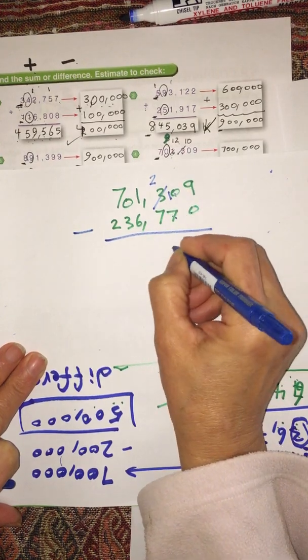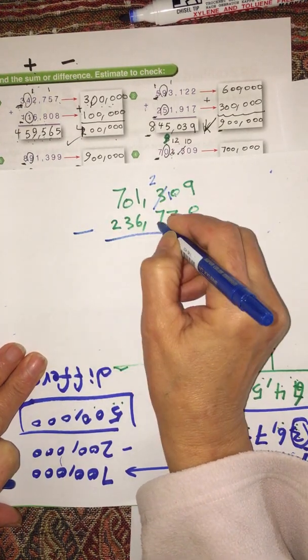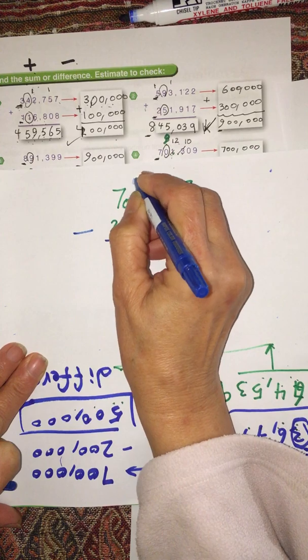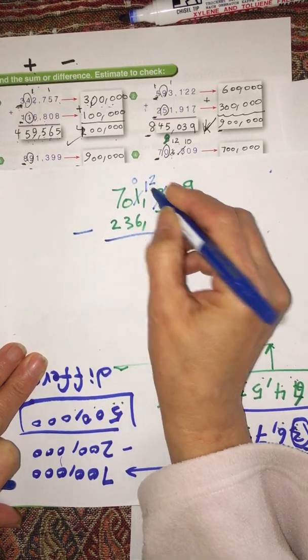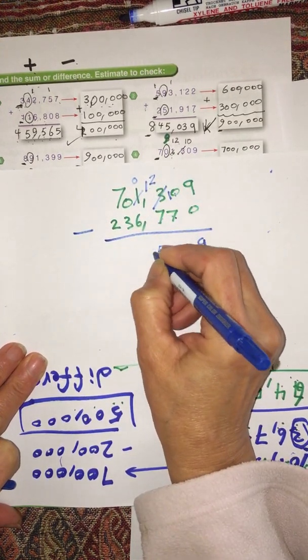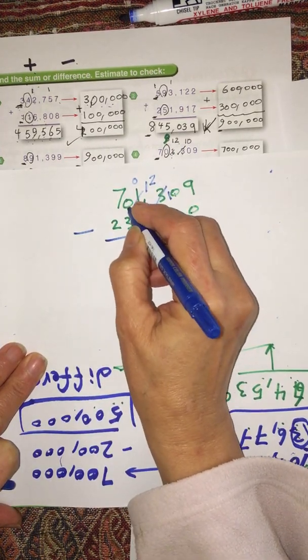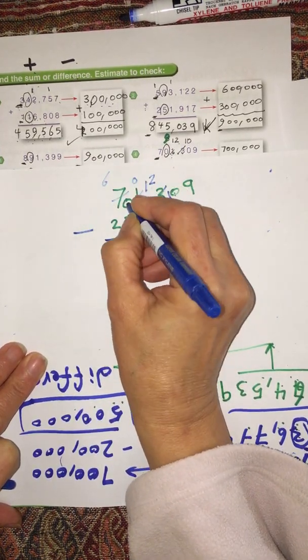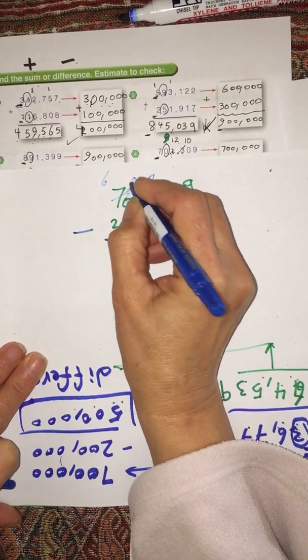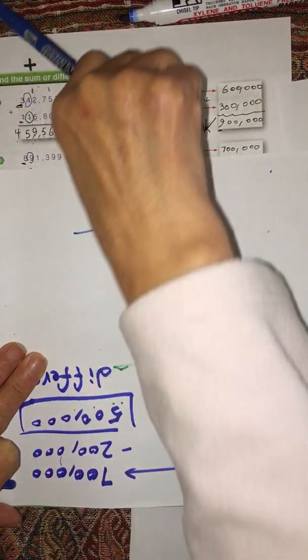10 minus 7 is 3. 2 minus 7, I can't, borrow from the 1. The 1 will become 0. This will be 12. 12 minus 7, 5. Put the comma. 0 minus 6, I can't. Also, this one is 0. This will be 6. So the middle number will be 9, and this will be 10. Okay?